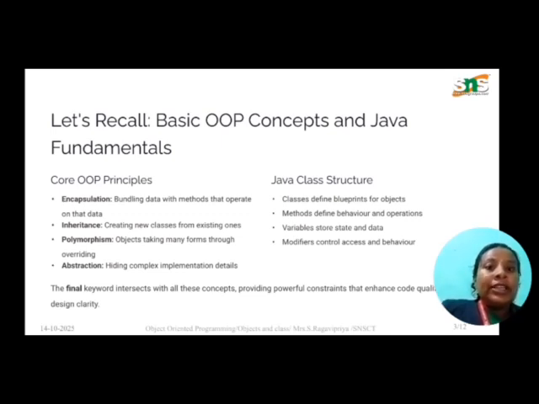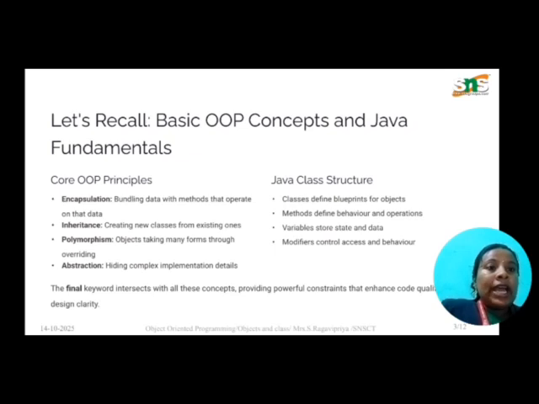Inheritance means creating new classes from the existing ones; the derived classes are created from the parent class. Polymorphism means taking many forms. Poly means many, morphism means forms: an object taking many forms through overriding. Next is abstraction, hiding complex implementation details.